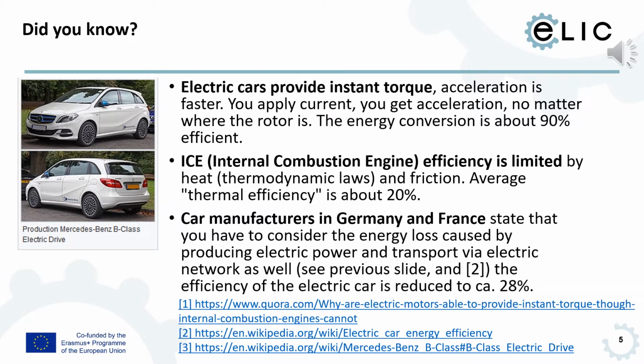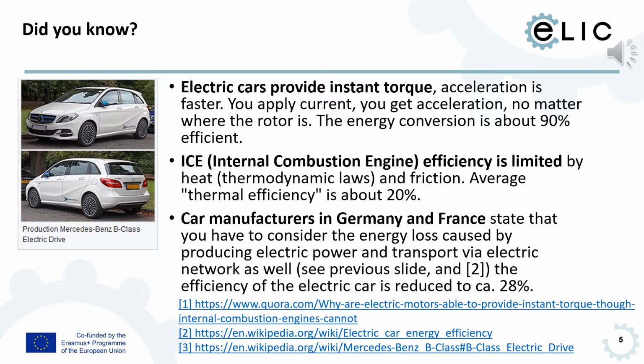However, the German and the French manufacturers and also authorities still calculate with the inefficiency of producing electric power. We had this slide before where we have seen that we produce a lot of CO2 and a lot of greenhouse gases, due to having coal plants, natural gas plants, oil plants. And so it's a lot of effort to produce that energy.